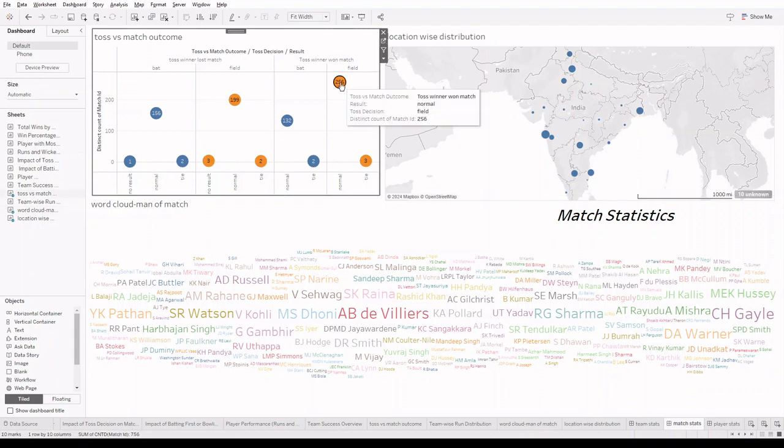So if you take this into consideration, this comes under toss winner won match. That means this match right here, the team which won has won the toss also, and also it has won the match.